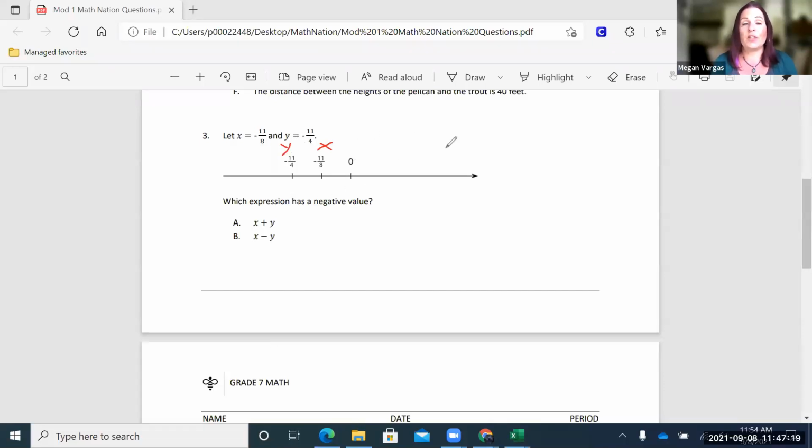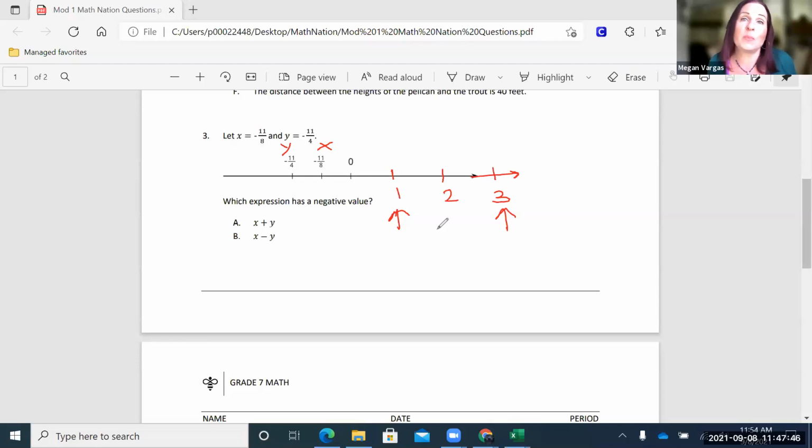right? If you have a number further to the right on the number line, let's look at positives for a minute. Let's say that 1 is here, and 2 is here, and 3 is here, right? The further I go to the right, the bigger the number gets. So if I do a number to the right minus a number to the left, that's a bigger number minus a smaller number.